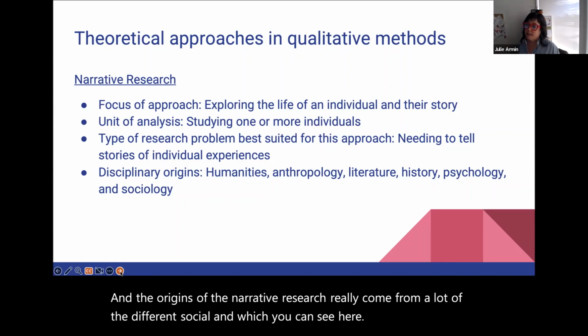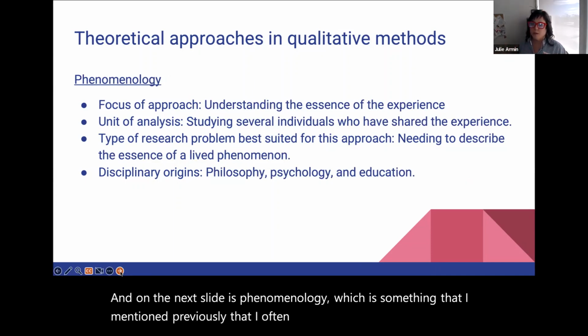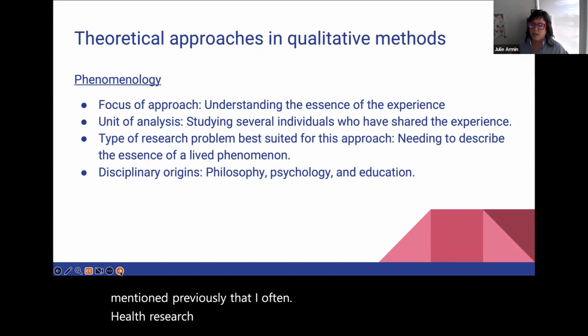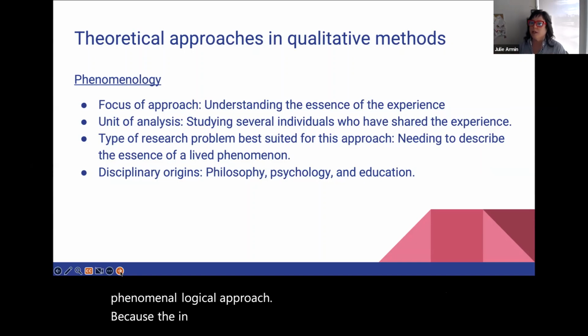And on the next slide is phenomenology, which is something that I mentioned previously that I often use. I think health research lends itself very nicely to the narrative and phenomenological approach, because in phenomenology, you're really understanding the essence of experience.